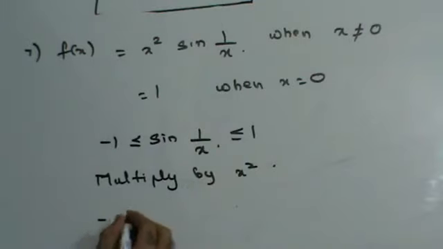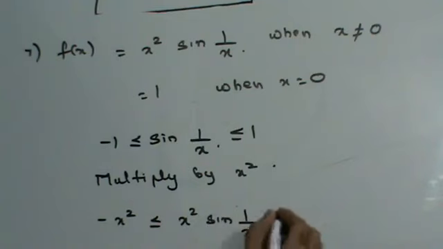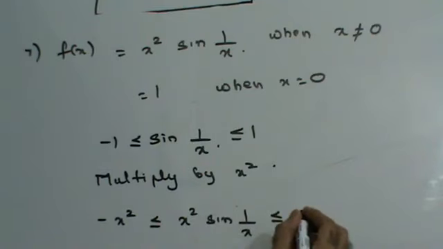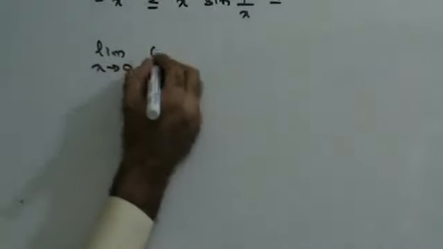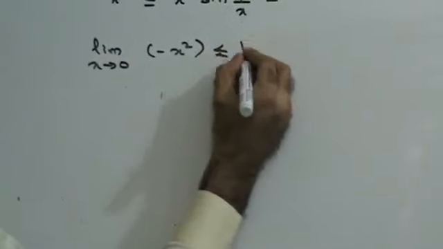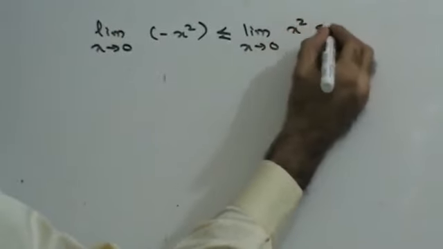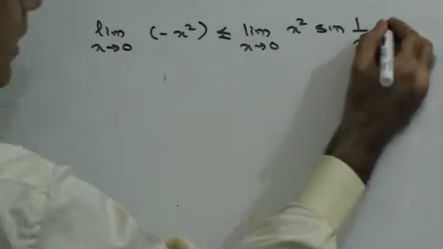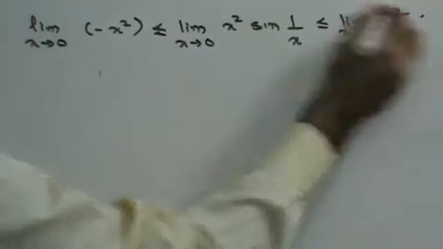So I'll get minus x square is less than x square sine 1 upon x is less than x square. Take limit of x tends to 0: minus x square is less than equal to limit of x tends to 0 x square sine 1 upon x is less than equal to limit of x tends to 0 x square.